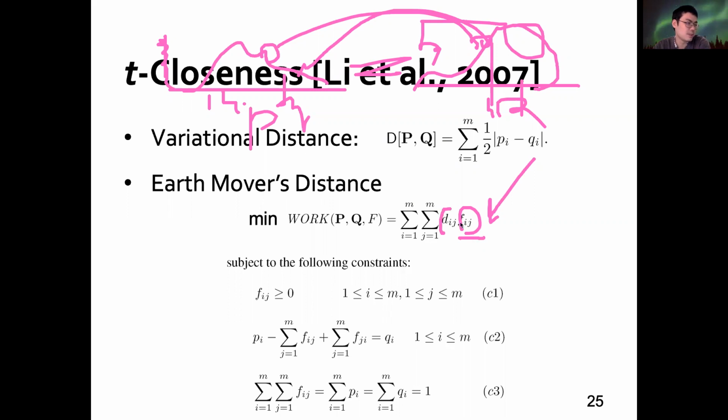And this d is the weight, how far away they are. For example, if i and j are adjacent, that's fine, but if you carry this earth longer, that will cost more. This is the distance between these two values, and this is the magnitude, the amount of mud you take from one place to the other.